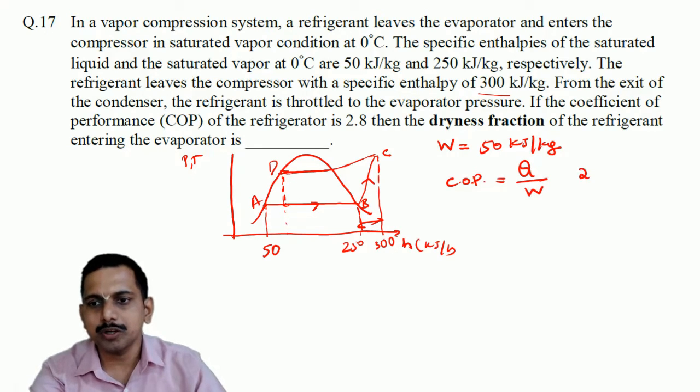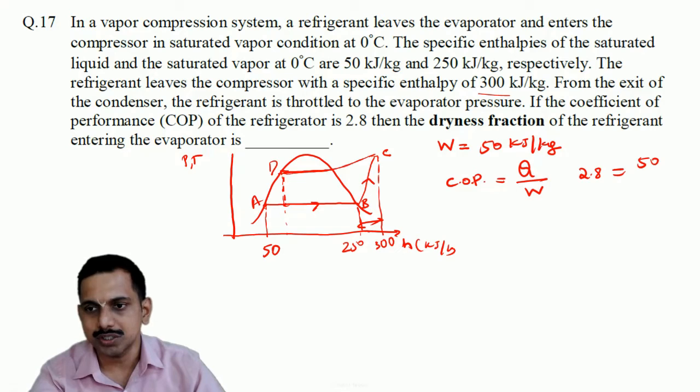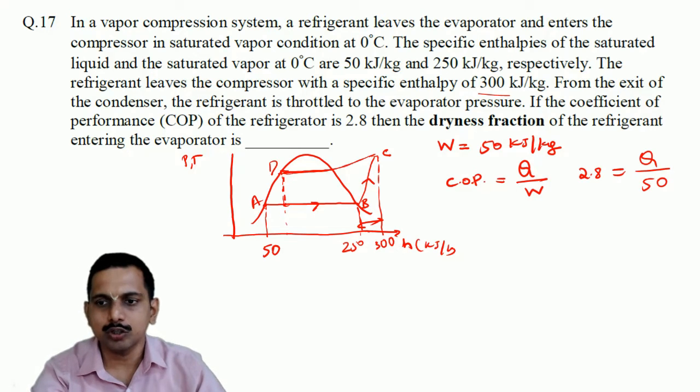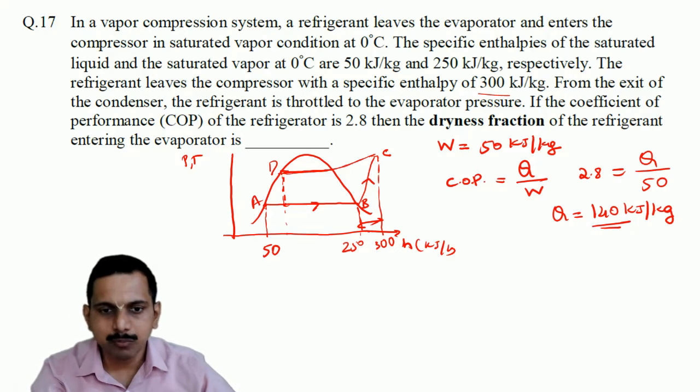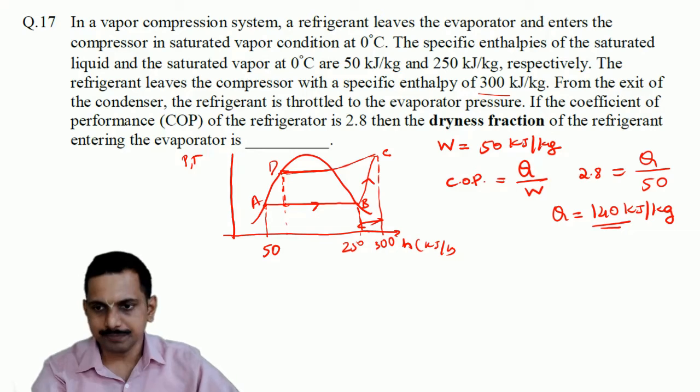COP is given as 2.8, correct? And the work is known to us, which is 50 kilojoules per kg. So the heat which is taken out, what I will get is 140 kilojoules per kg. So much heat is removed from the evaporator, correct?